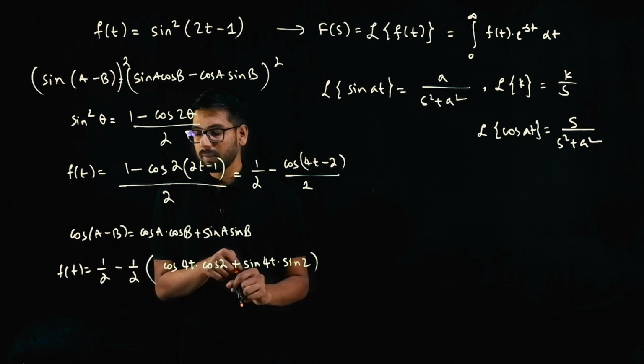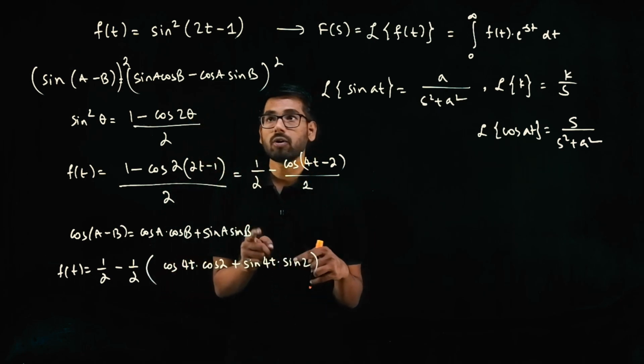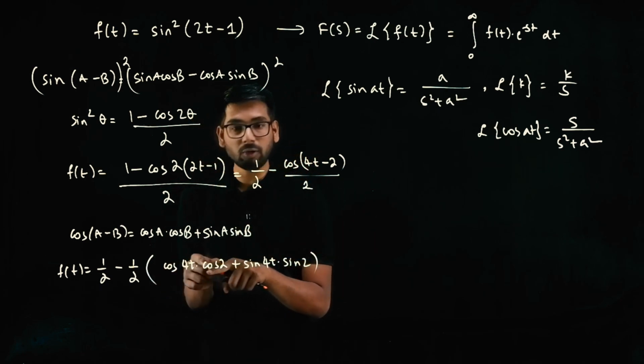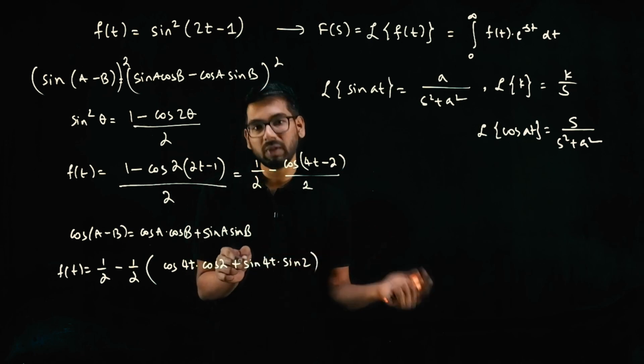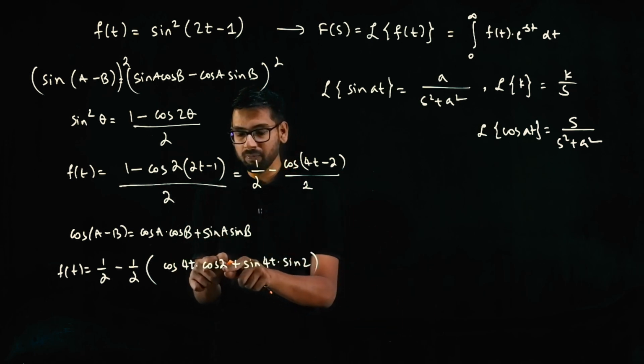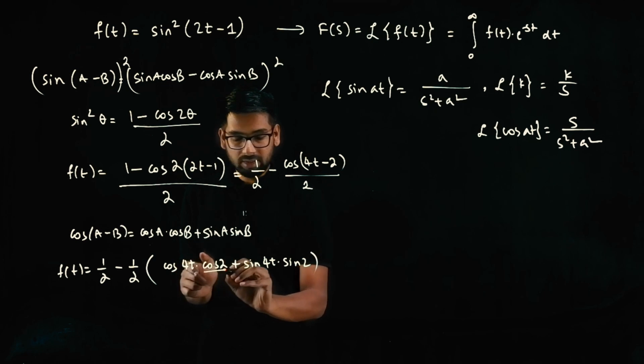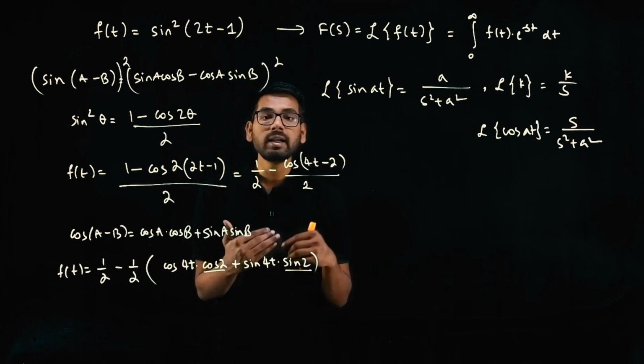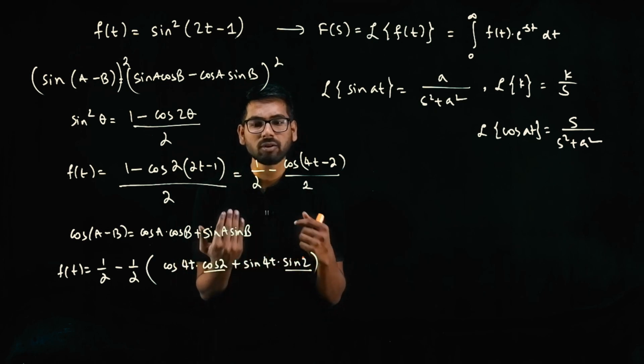In the previous questions, whenever we had cos into cos, we used the cos A cos B formula, but we don't need to do that here because the cos term and the sine term do not have t. So they can simply be considered as constants.